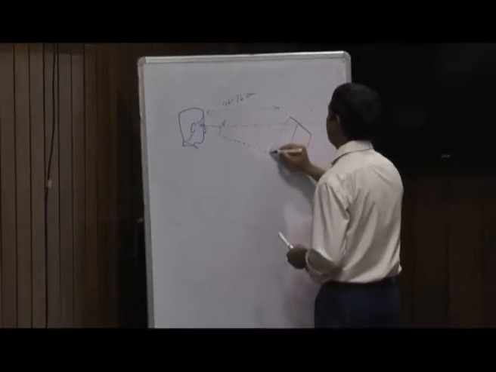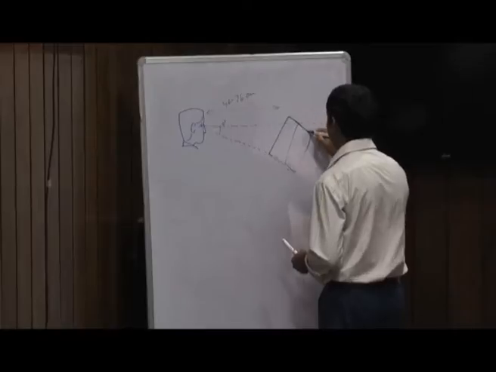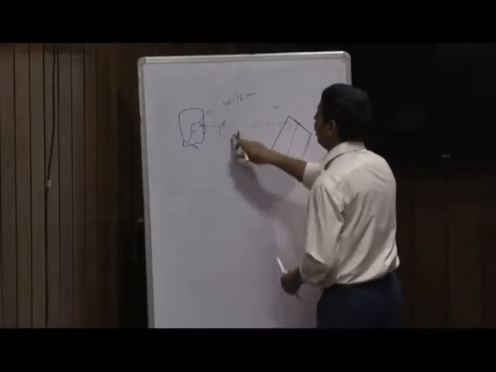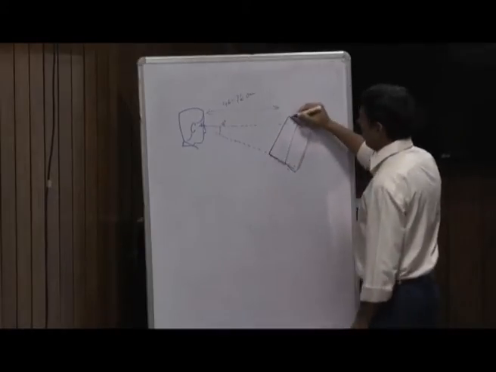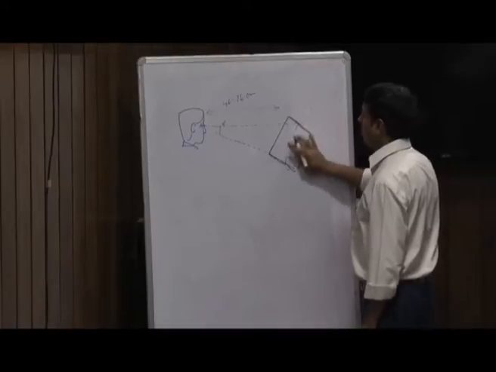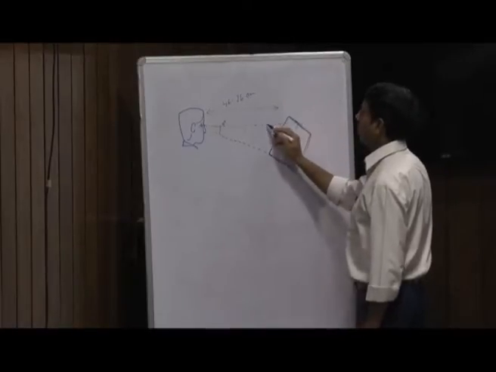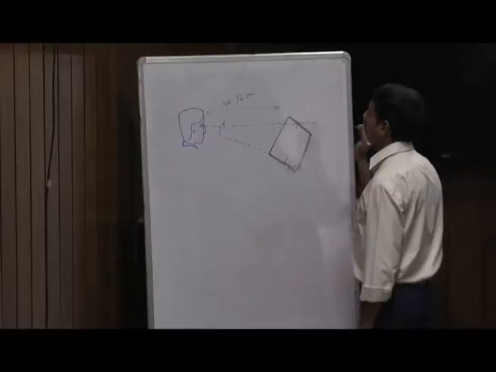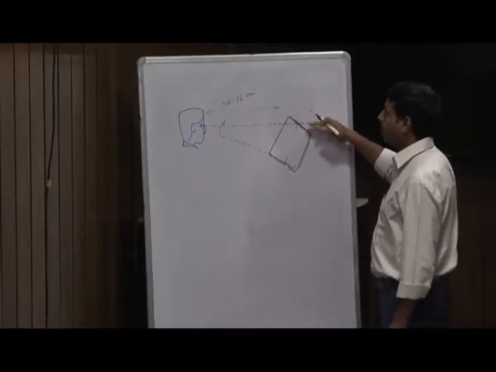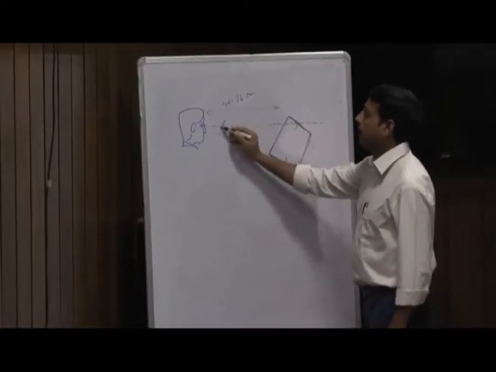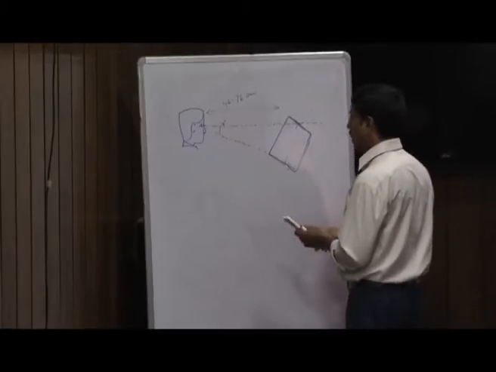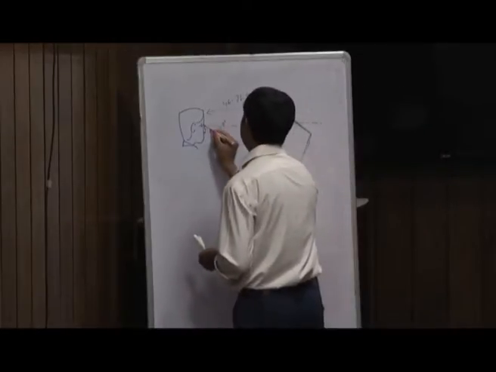If this is the monitor, it should be positioned within an angle of 15 degrees. The top line of the monitor screen should be below this. This is the horizontal eye level. The monitor should be positioned below that horizontal eye level within an angle of 15 degrees, and it can go a maximum of 30 degrees.